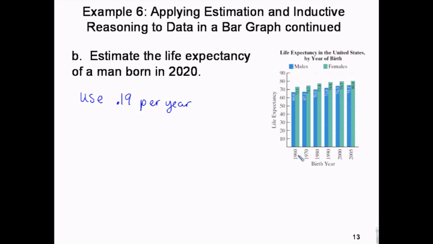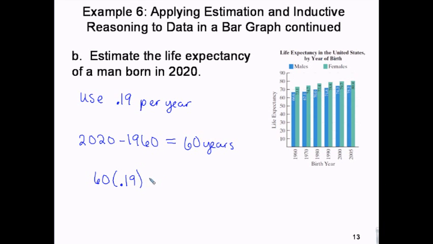We start with the oldest date, 1960. Oops, I'm writing this backwards. How many years is it between 2020 and 1960? 60 years. 40 years till 2000, and then 20 more years after that. So I'm going to take that 60, and I'm going to multiply it by 0.19.